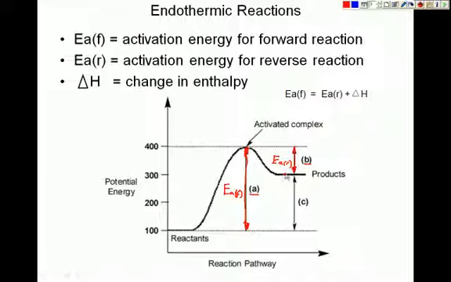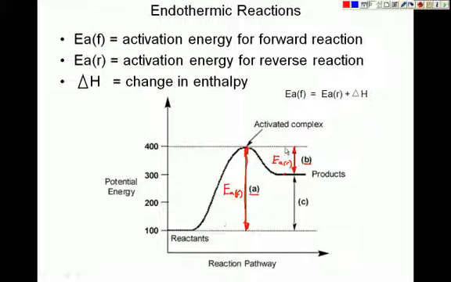So from products, it needs to go just this high to reach the reactants. Reactants need to go this high, much higher, to get to products. So it takes less of an energy increase for products to become reactants. It takes a very large energy increase for reactants to become products.